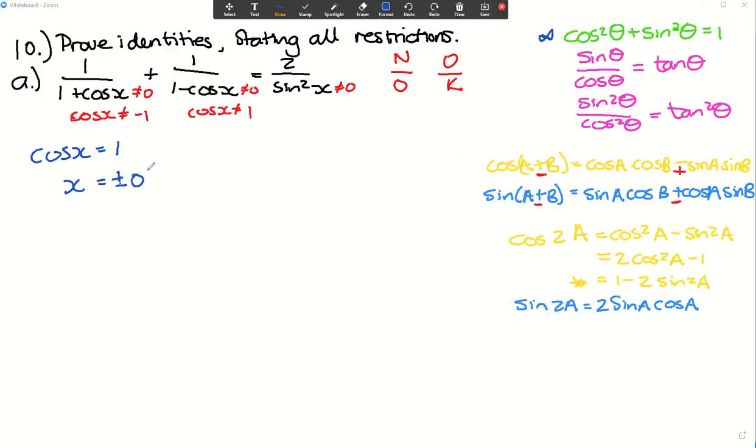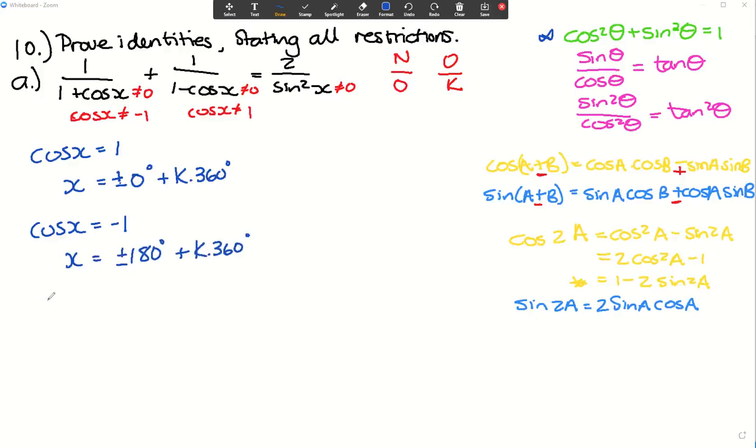So we end up having plus minus 0 degrees plus k times 360. If we have cos x is equal to minus 1, if you get your reference angle, you'll find out that it is 180 degrees. So it's plus minus 180 degrees plus k times 360.